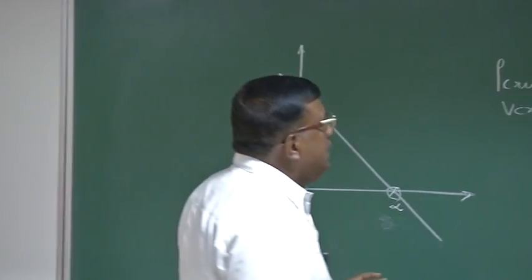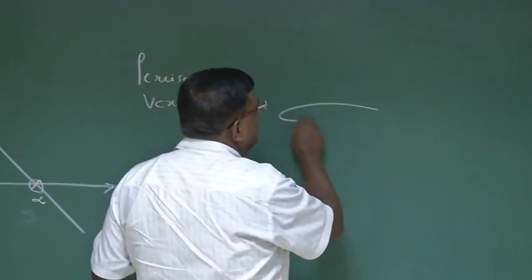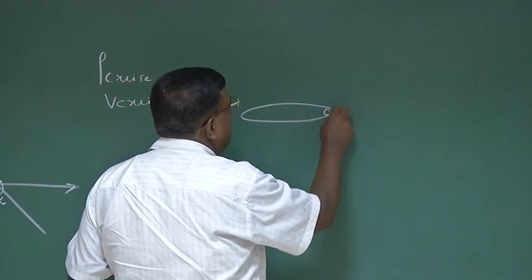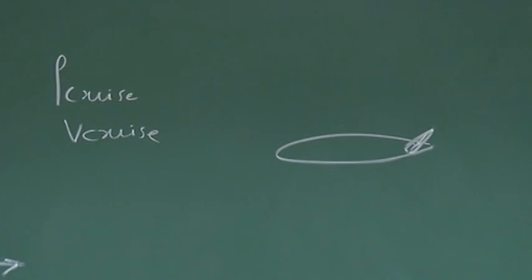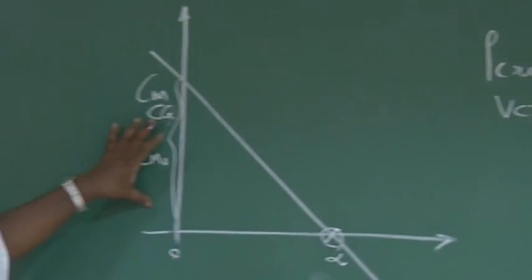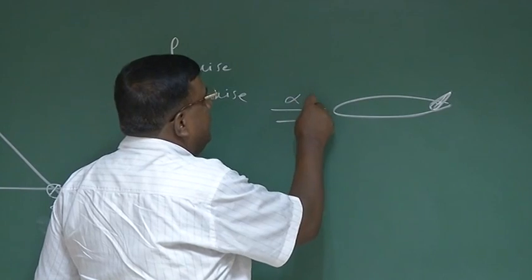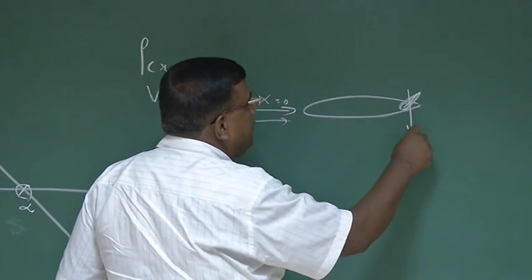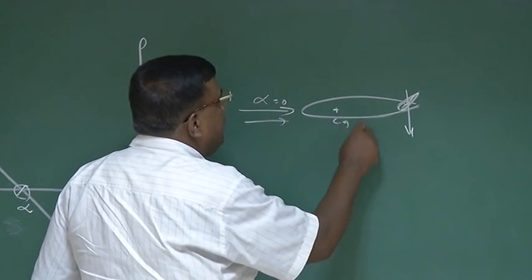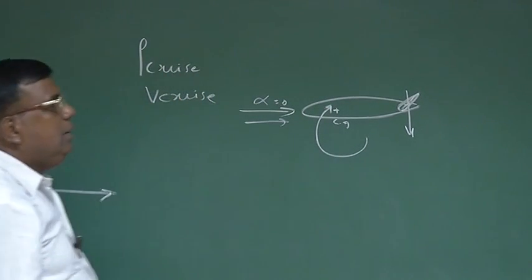Please understand, if I am deflecting the elevator of a flying wing, and suppose by deflecting the elevator you can generate Cm0. You know very well, if it is alpha equal to 0, this will generate force downwards about Cg. It will also give a Cm0.